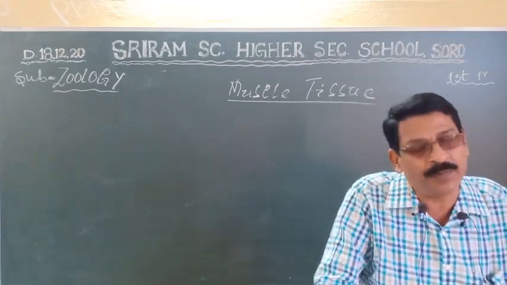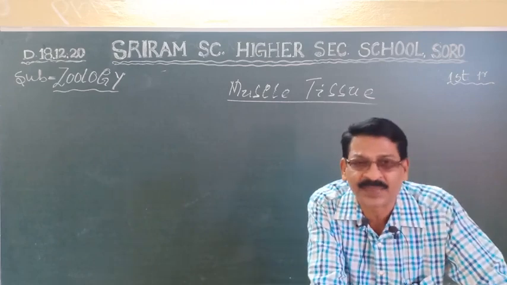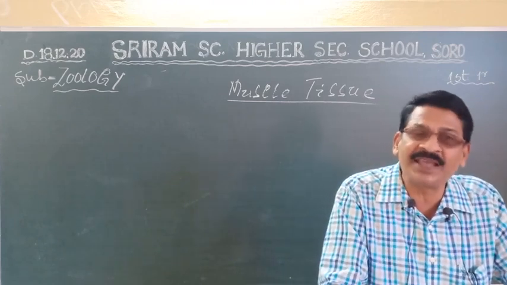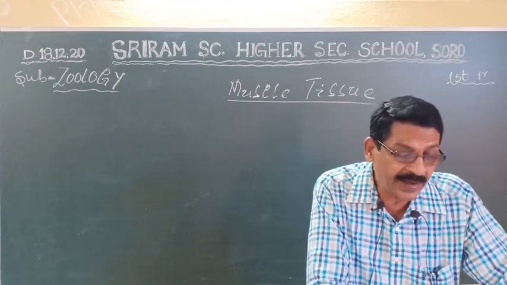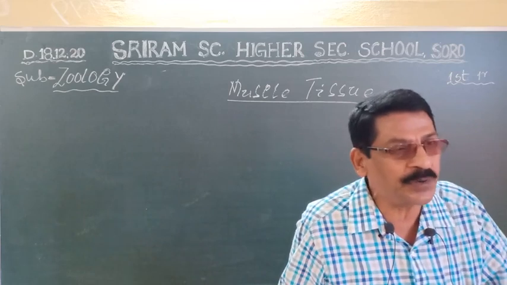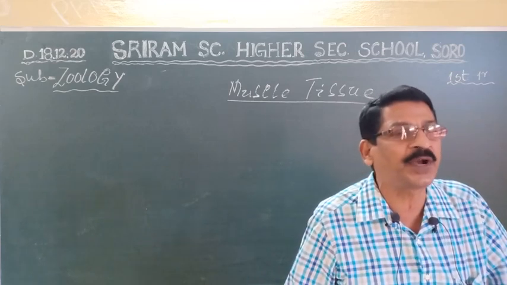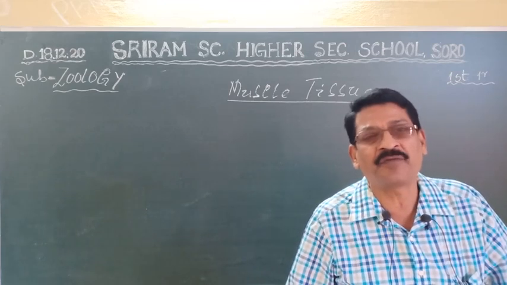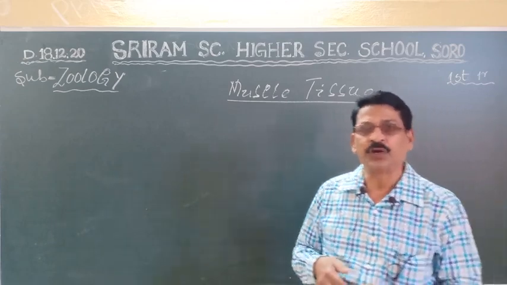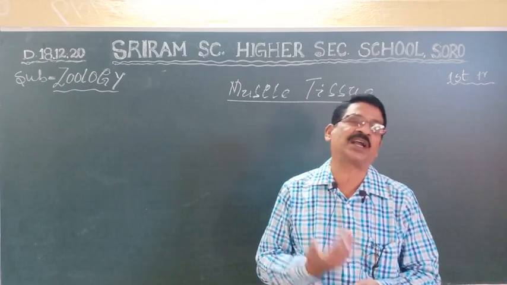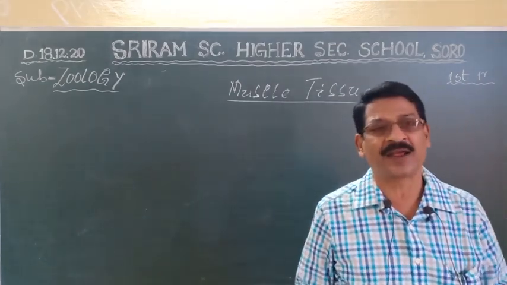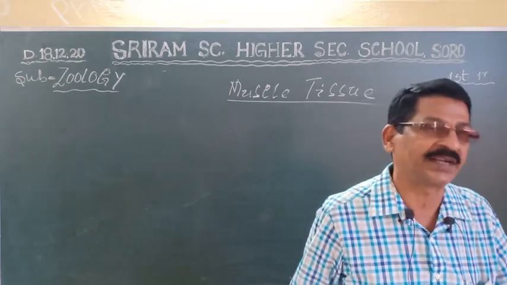These body muscles are formed of the muscle tissue, and our body contains about 40 to 50% of muscles, and these muscles are formed by the muscle tissue.